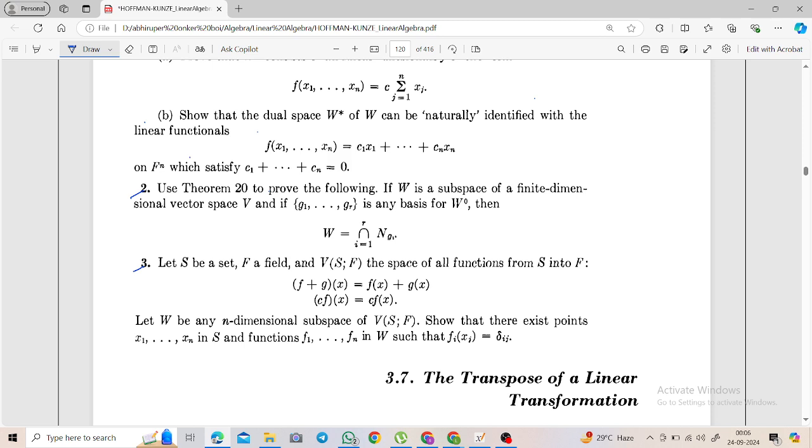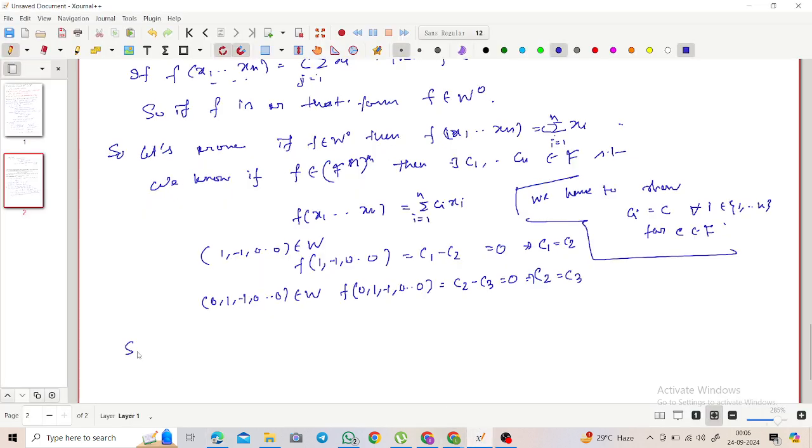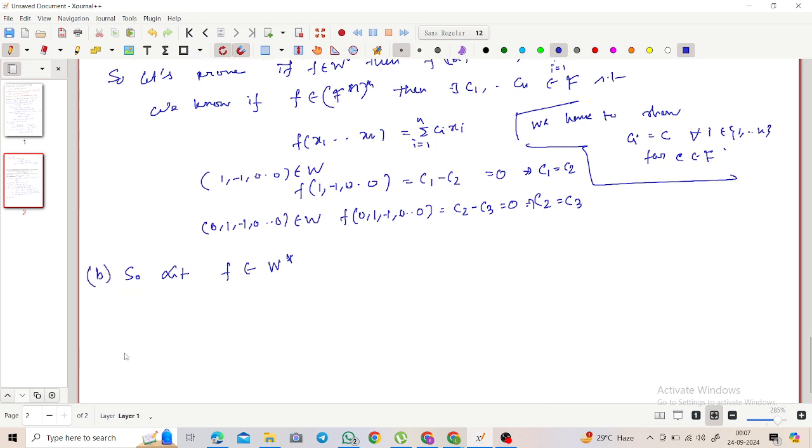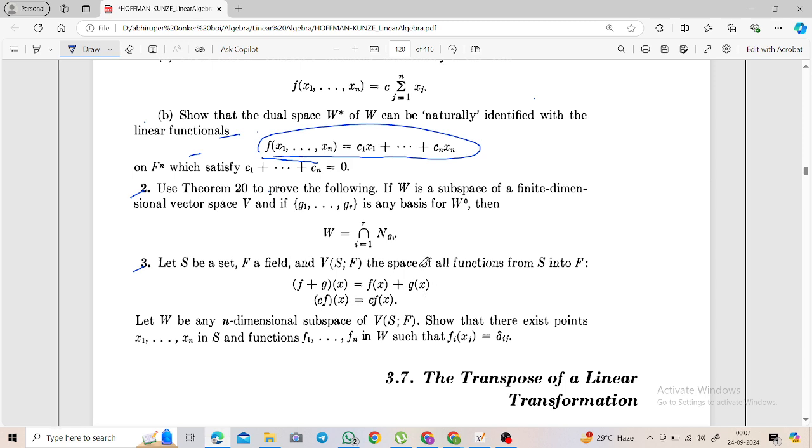So every linear functional there should be like this. So let f belong to W star, then f should be of this form. According to them, f should be of this form.